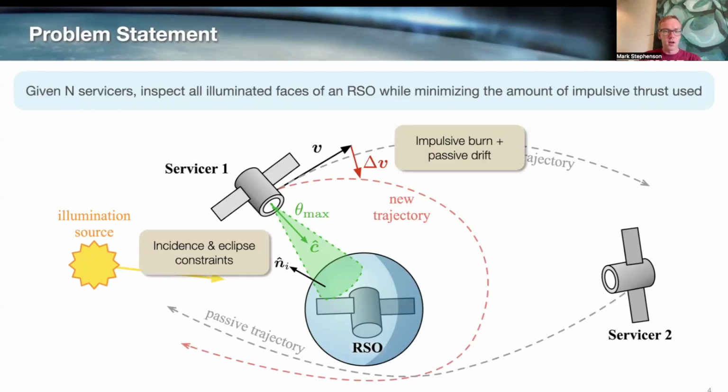There's constraints on when we can image a particular part of the RSO based on the illumination coming from the sun, whether it's an eclipse, and what our incidence angle is relative to the RSO and the sun. And finally, we make the assumption that the RSO is nadir pointing in some eccentric low Earth orbit.